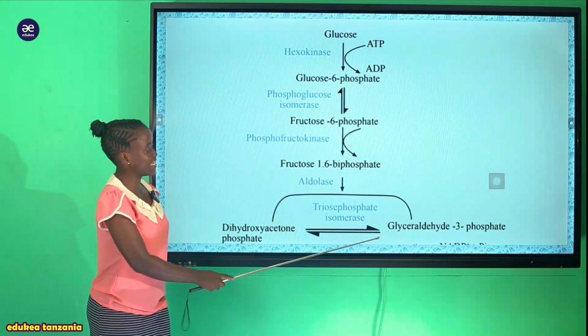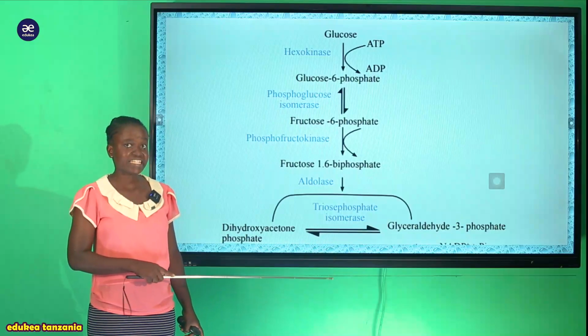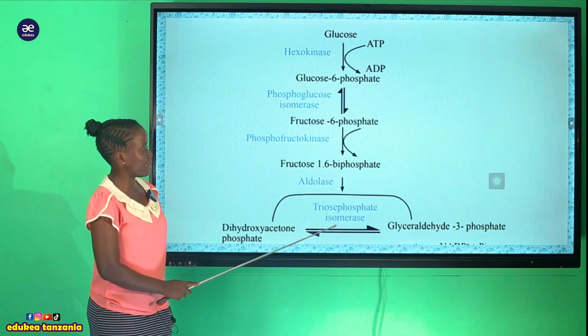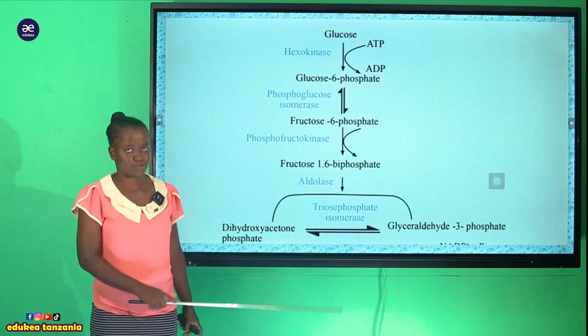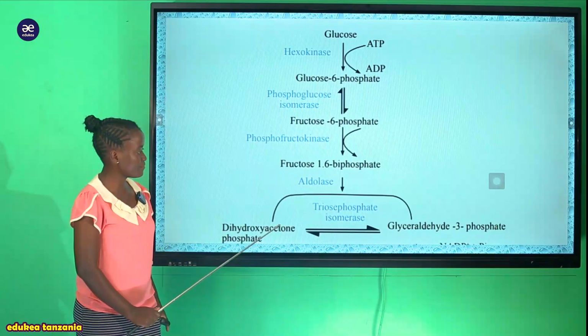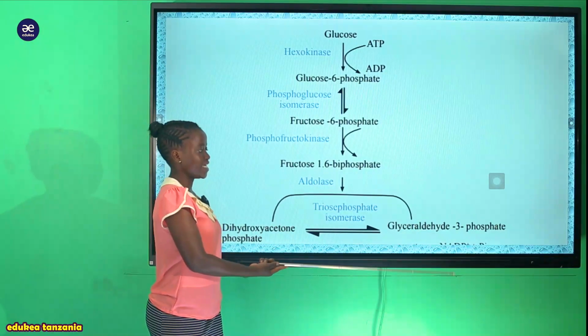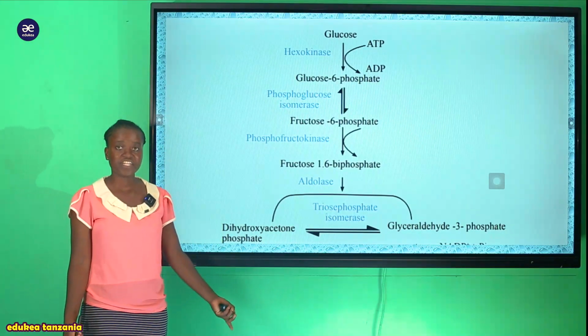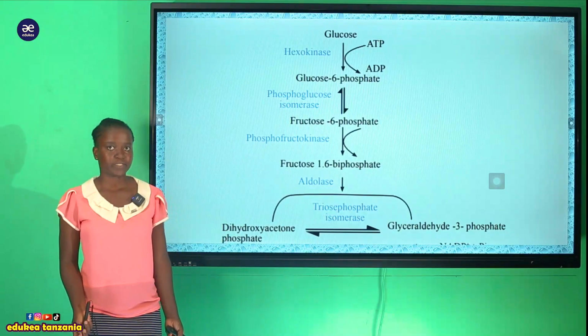This reaction is enhanced by the enzyme called triose phosphate isomerase. It will convert this molecule directly into glyceraldehyde 3-phosphate.